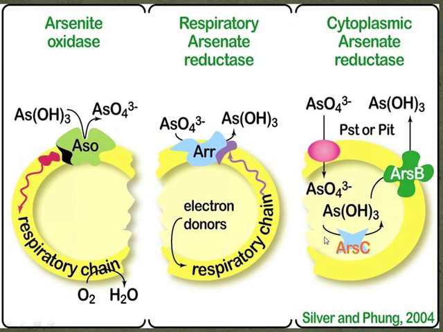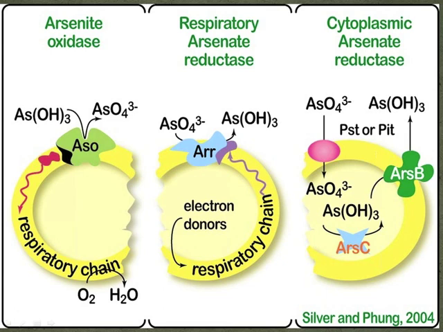So the arsC gene encodes for an enzyme that will reduce arsenate to arsenite. And then the ArsB system is an arsenite efflux that will in turn spit the arsenite back out. And so the net effect of this is that microbes take up arsenate, arsenic 5, reduce it, and spit it back out as arsenic 3.